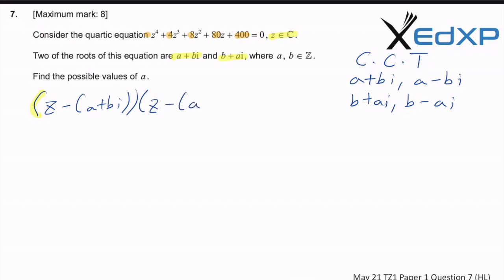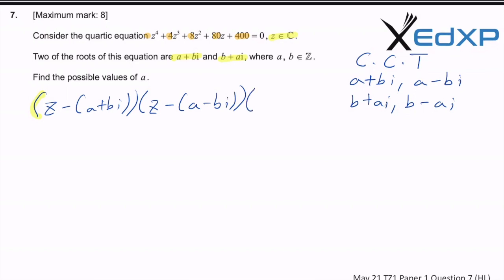The trick here is that a lot of students make careless mistakes when there's a sign change, so we just got to be careful. So z minus a plus bi, z minus a minus bi, z minus b plus ai times z minus b minus ai. Quite a few plus and minuses there, but let's try. So let's expand this out.